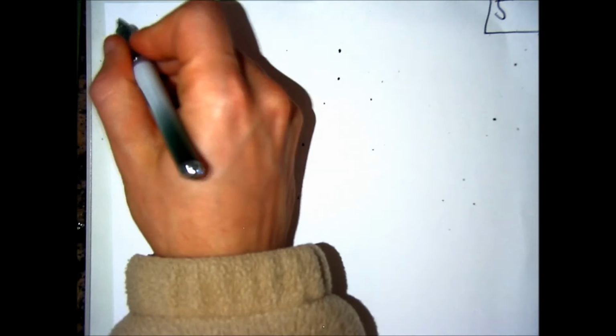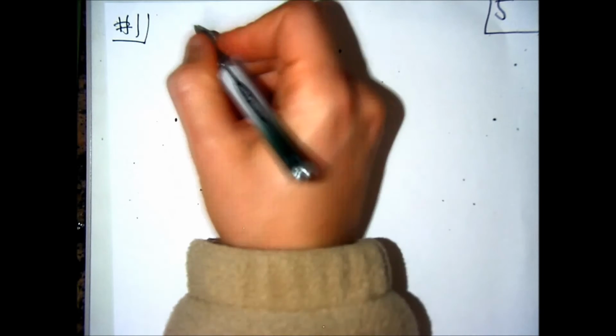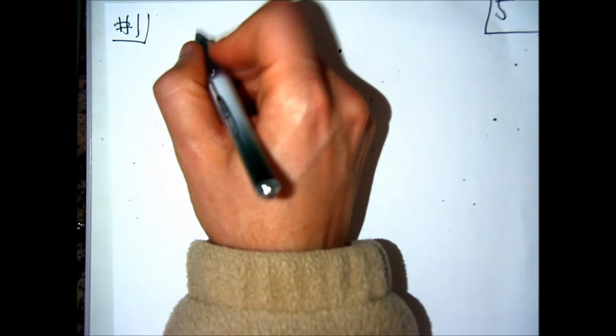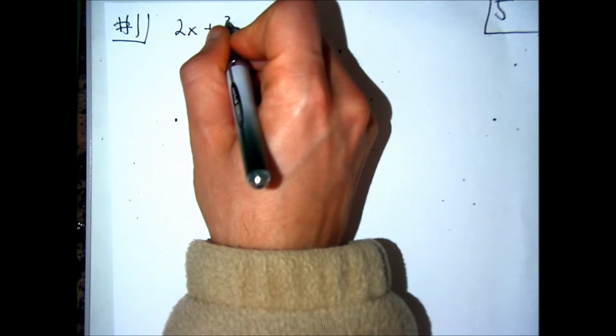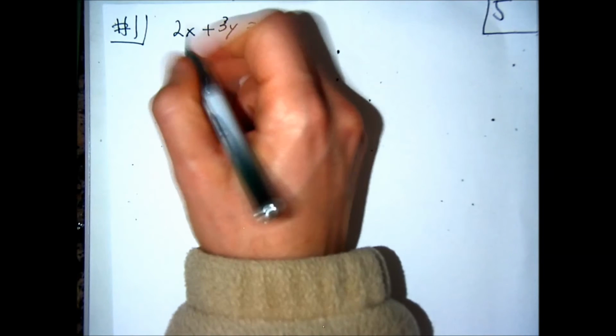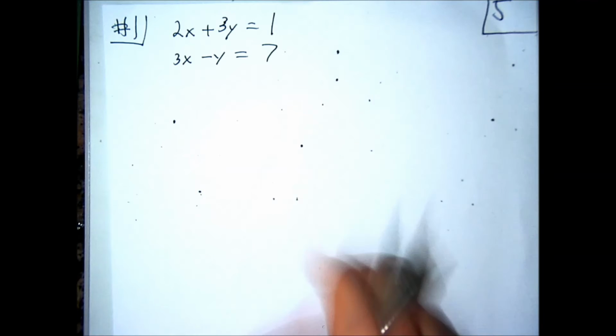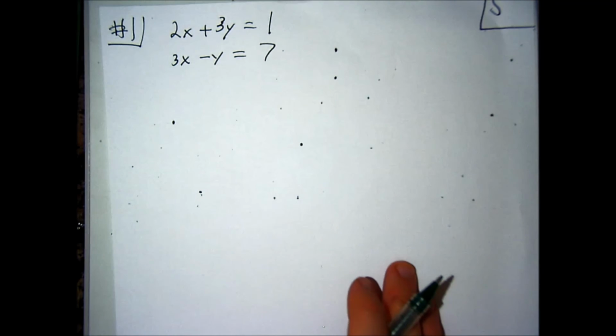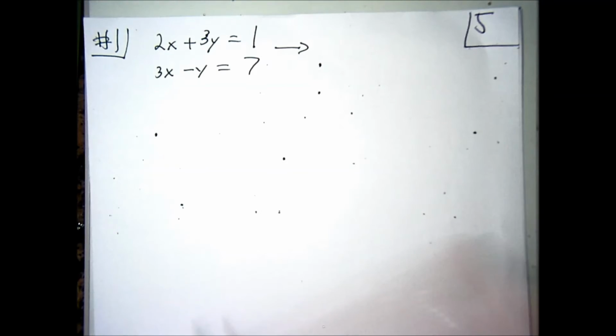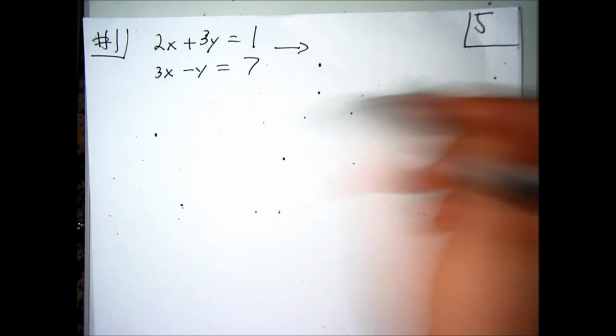So let me do a few problems from the section. Let's do number 1. It says solve by addition. This is 2x plus 3y equals 1, and 3x minus y equals 7. So if I multiply, see, even now I'm so much in the habit of thinking of rows and columns of matrices.